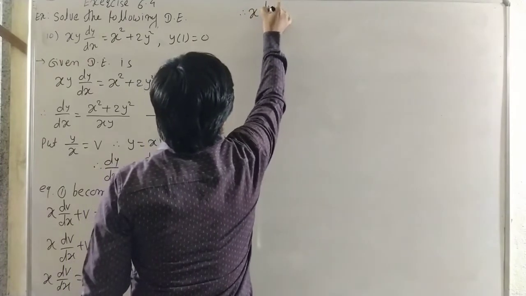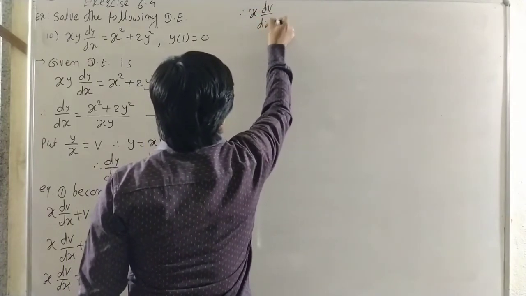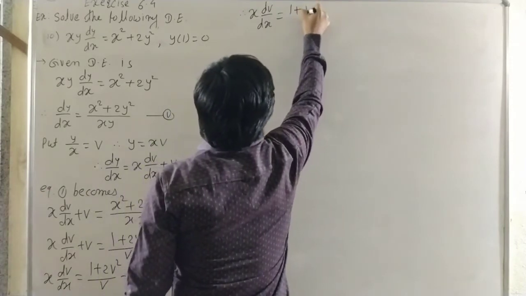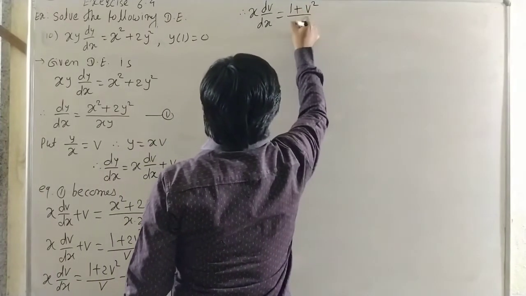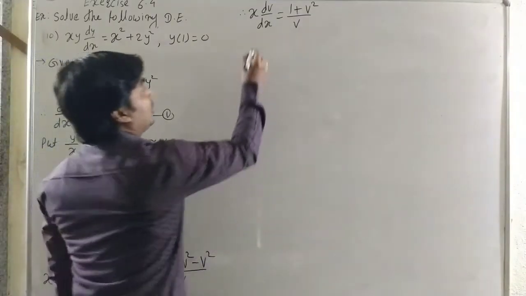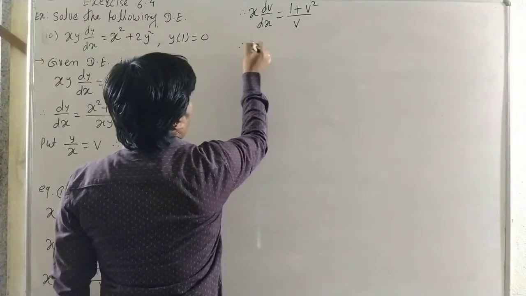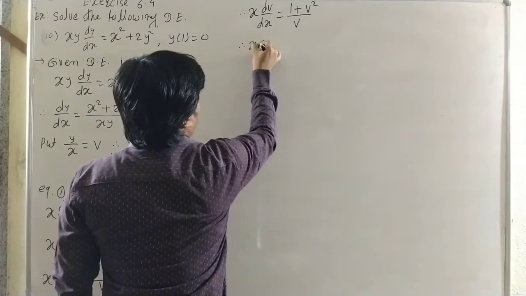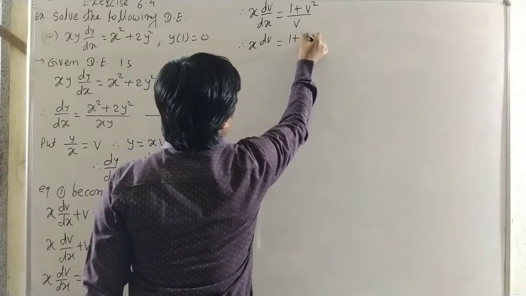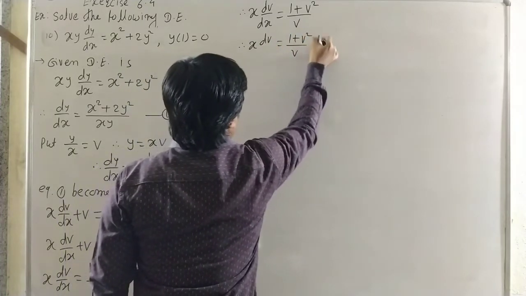x dv by dx is equal to 1 plus phi square upon phi. 1 plus phi square, it is a 2 phi square minus phi square. Then separate the differential coefficient: 1 plus phi square upon phi dx.